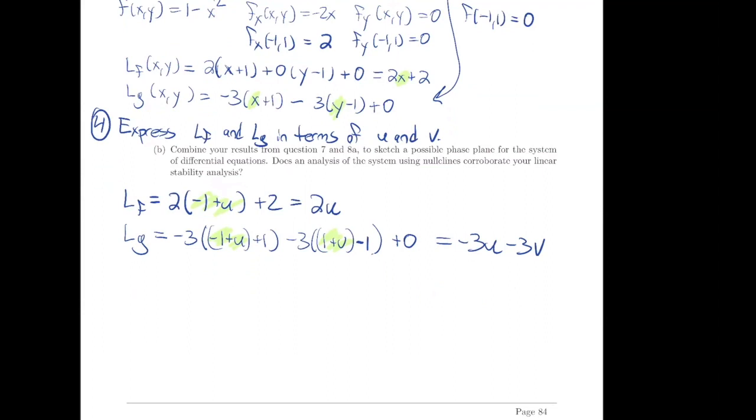What you should see when you do this is a perfectly linear thing back in terms of u and v. Notice I don't have any constants left in either of these equations. That's the way it should always work out.